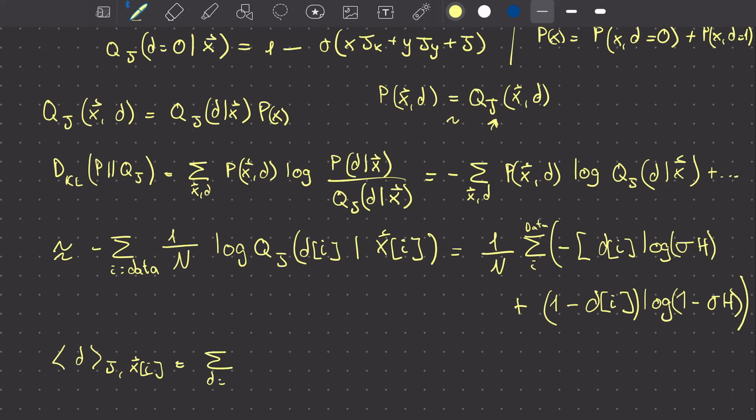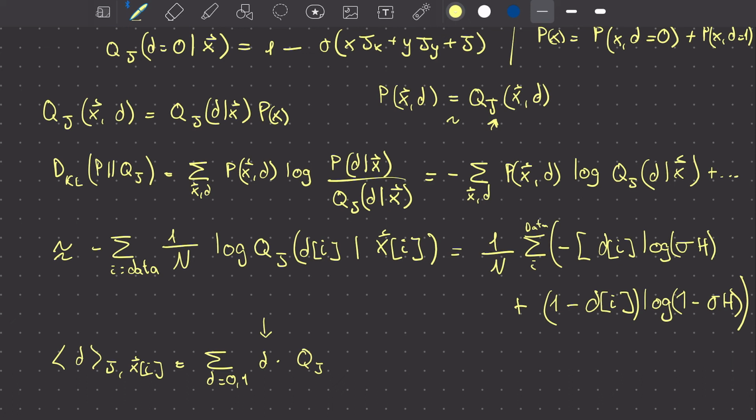This would look like the following. So it would be for all of the states of d, and then q_J of d given x_i. Sorry, I had just forgotten the formula because I'm doing this off the top of my head.